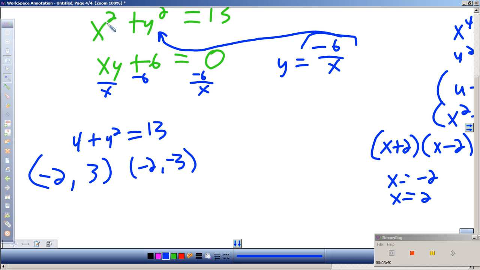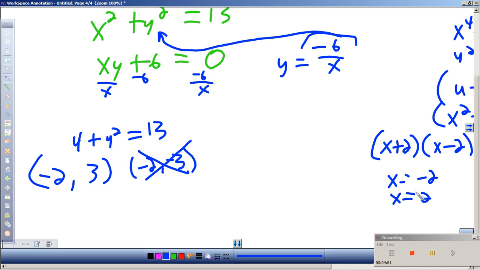Both numbers work here, but do they both work in the bottom one? If I plug in negative 2, negative 3, negative 2 times negative 3 is a positive 6 plus 6 equals 0. No. So that goes away. The second one: negative 2 times 3 is negative 6 plus 6 is 0, so that one works. So that's one of our solutions.